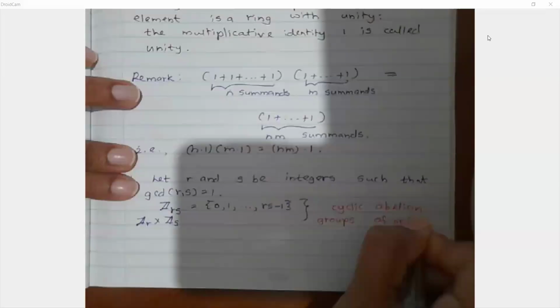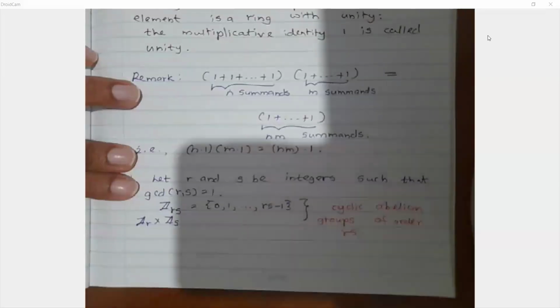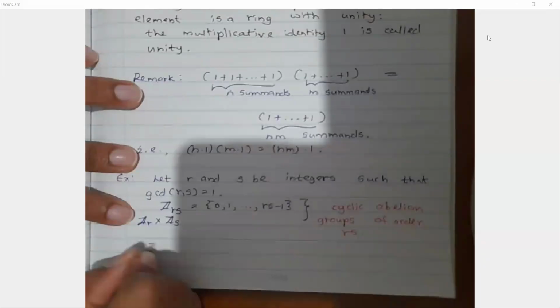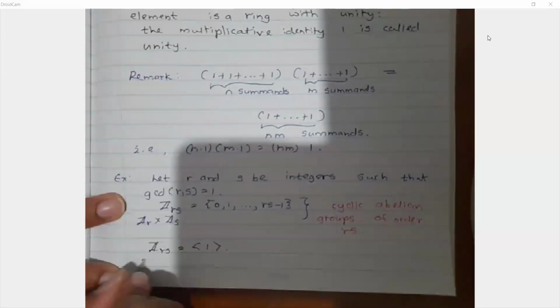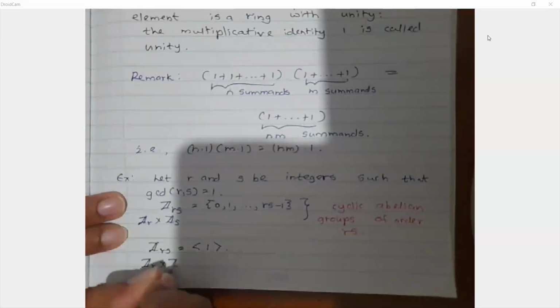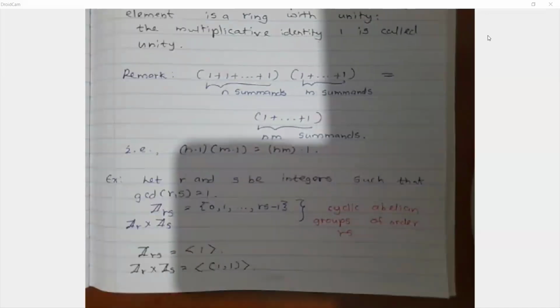We already know this group ZRS is generated by the element 1, and this direct product is also generated by this ordered pair 1, 1. This is a generator for this group.